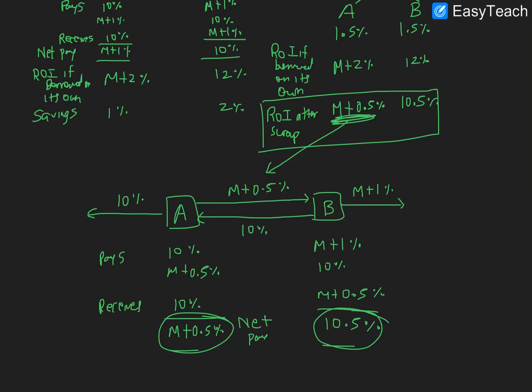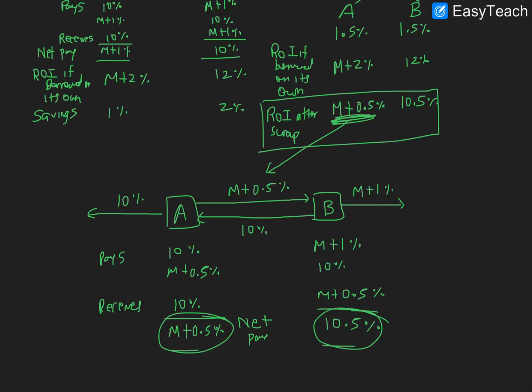So this is a way in which swaps are engineered between the entities so that they share the gains equally or in whatever proportion they intend to.